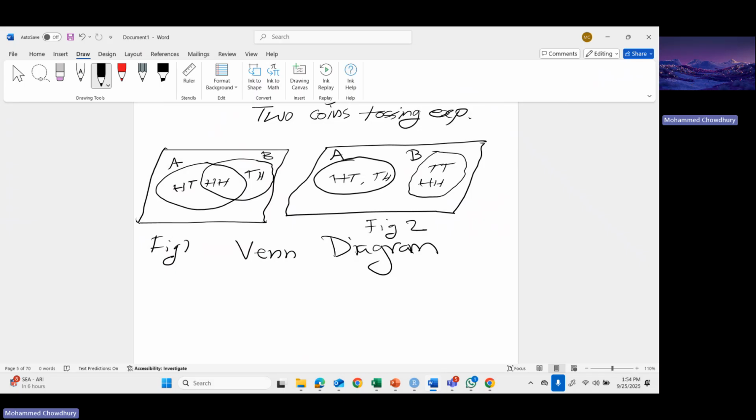That is mutually exclusive, very dangerous. America and Russia. Figure 2 A and B are not independent. Figure 2 means America and Russia, or maybe North Korea and South Korea.